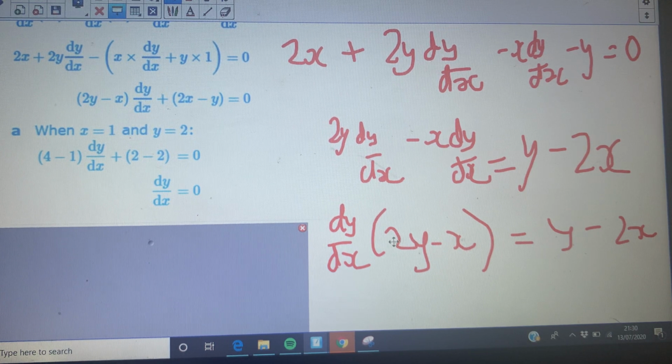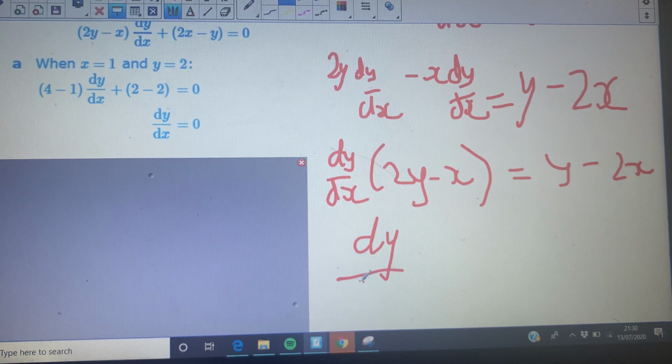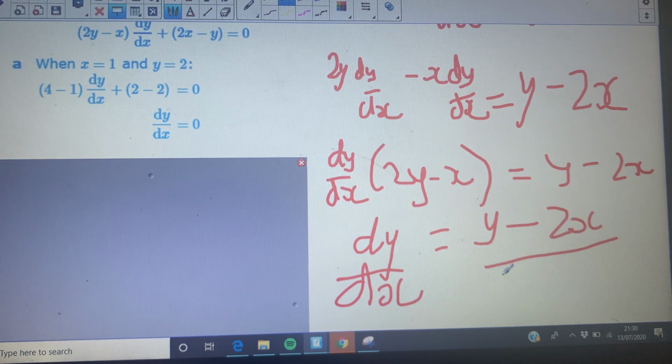So what you could do is you could have rewritten it if you wanted to. And I suppose I kind of like the whole dy/dx. You could rewrite it: dy/dx equals y minus 2x all over 2y minus x.